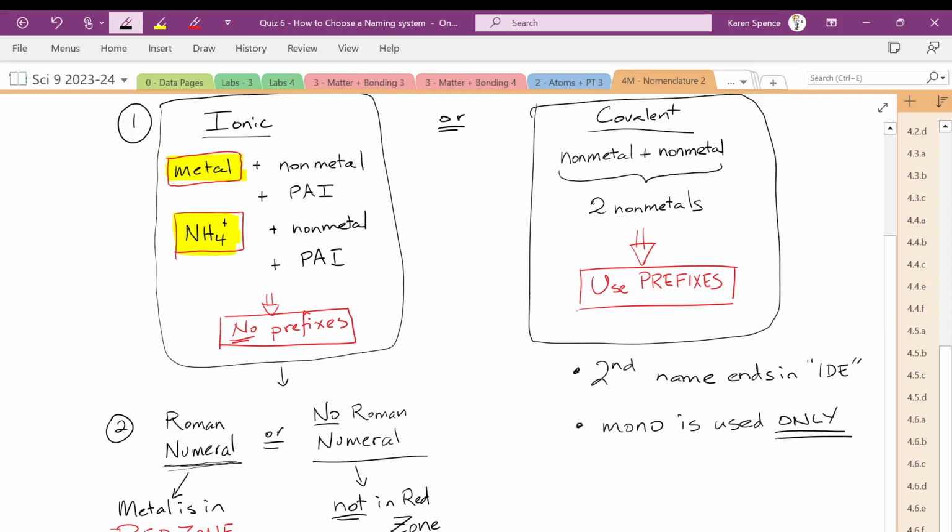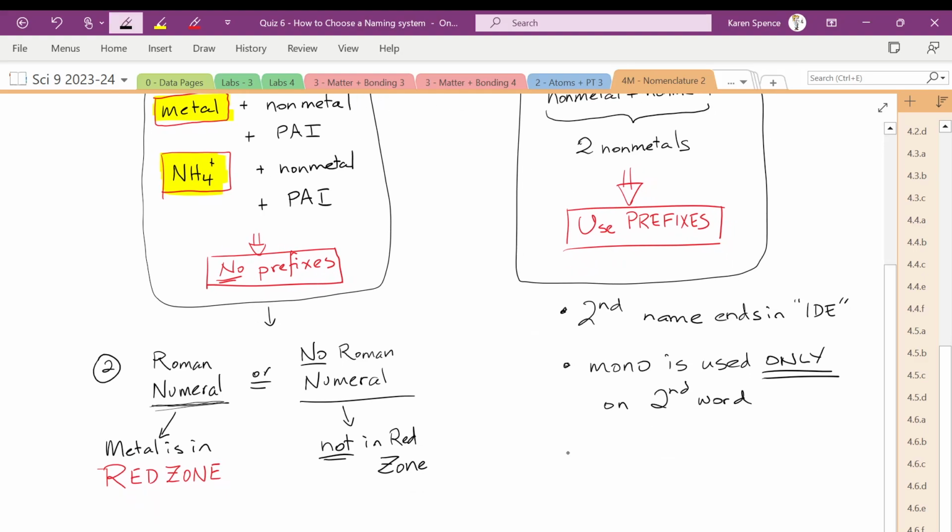Mono is used only where? On the second word. And the third thing to remember with those is that you drop... Do you remember what letters you drop from the prefixes?